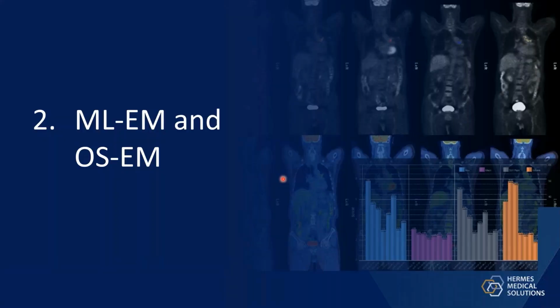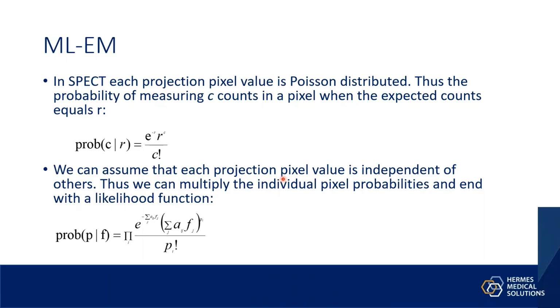Then the next section is about MLEM and OSEM, which are the most common reconstruction methods in SPECT and also in PET. Let's take a look at these. Because I'm a physicist, I have to show you a couple of equations, but bear with me.